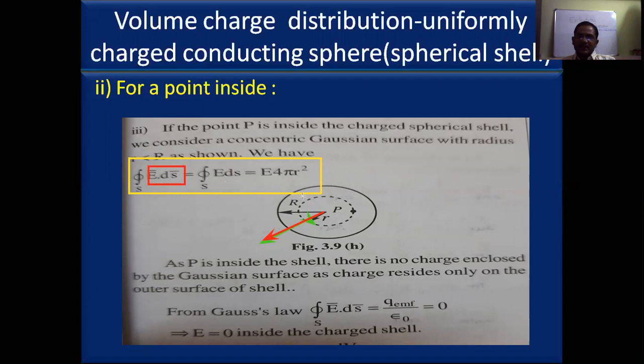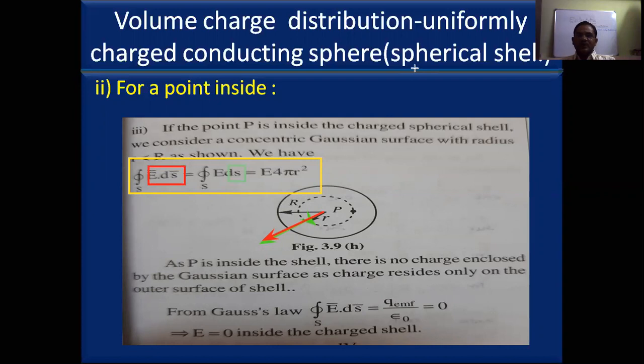Since the field strength is constant in magnitude at every point on this spherical surface, E comes outside, and the surface integral of ds is the spherical surface area, which equals 4 pi r square. So we get E into 4 pi r square.